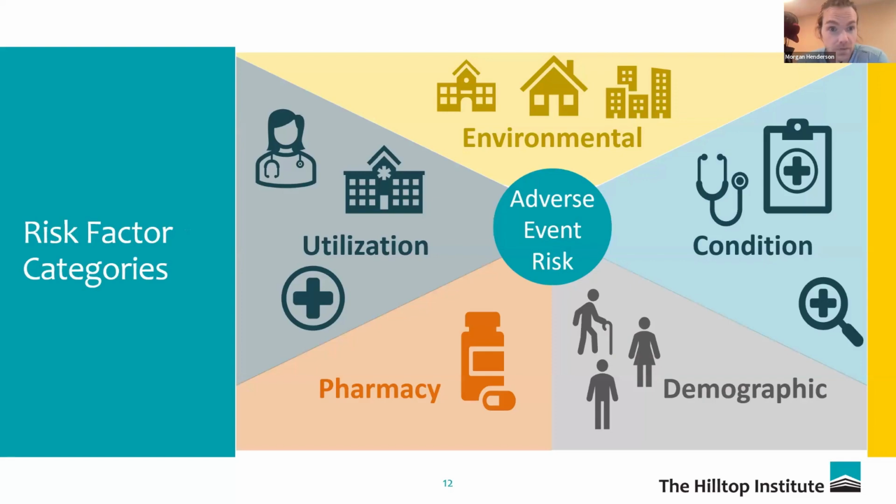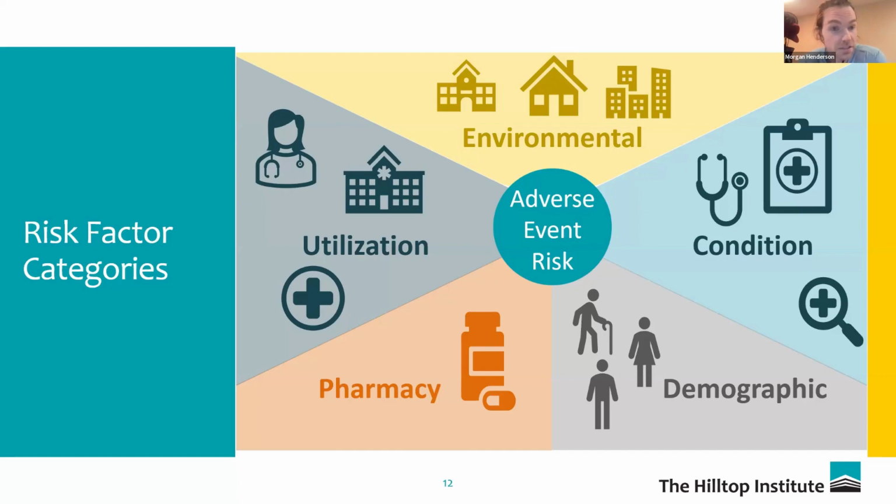Each model has a very rich set of risk factors in it. These risk factors comprise 5 different domains. So there's the environmental risk factors that I just mentioned, like the social determinants of health risk factors. We have many risk factors indexing conditions.